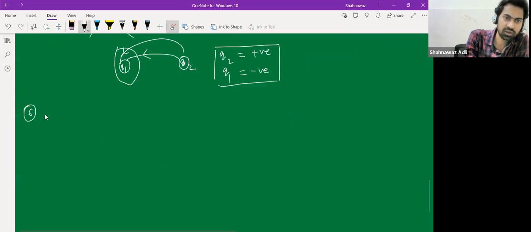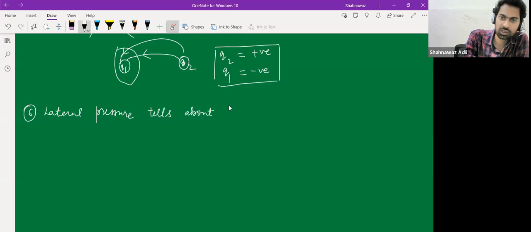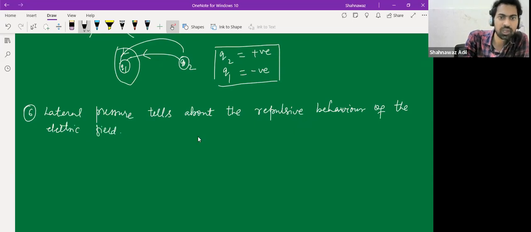Okay, and the next property is this. The lateral pressure tells about the repulsive behavior of the electric field. Okay, so let's say you have two charges, plus Q, and let's say this is also plus Q, and the electric field lines are coming.